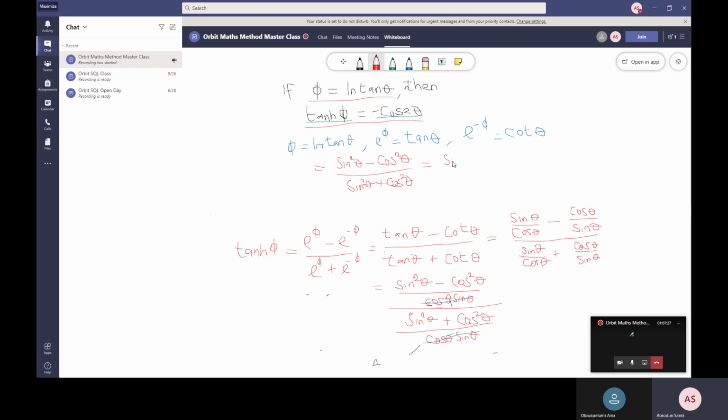So I have sin square theta minus cos square theta, which is minus into bracket cos square theta minus sin square theta.